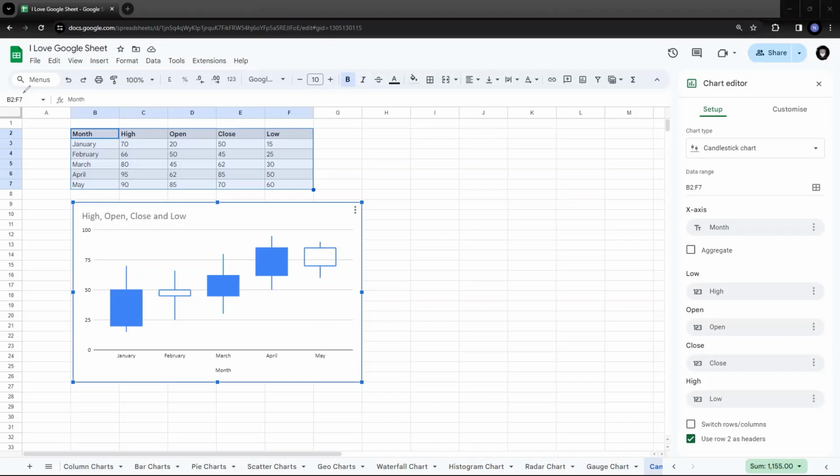It can be used in place of a price chart.